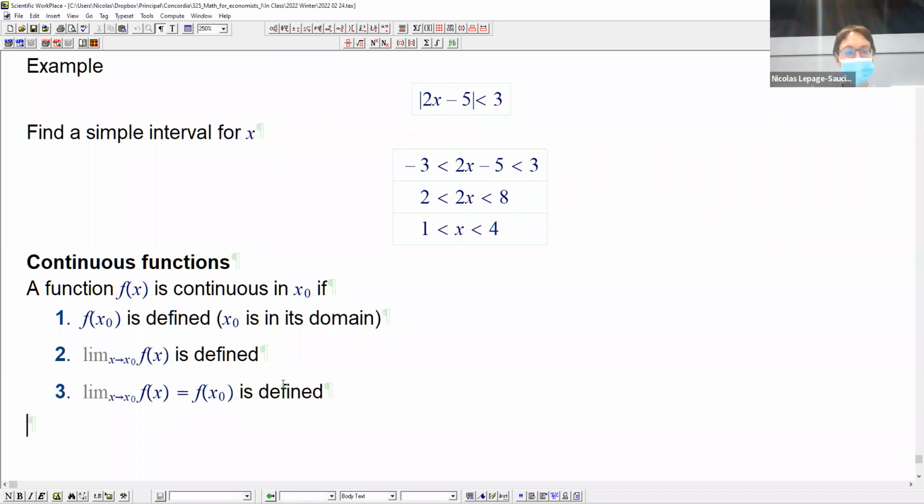You don't need to write this down. Properties.